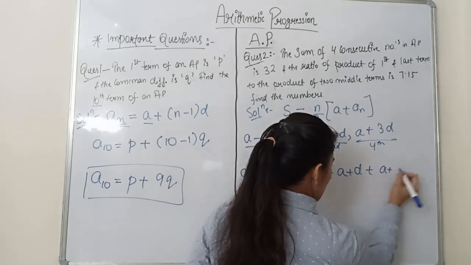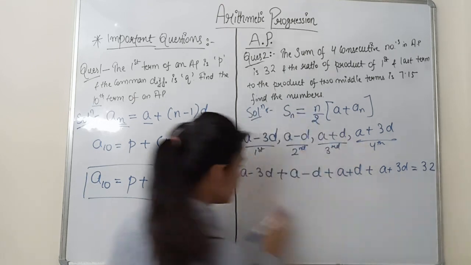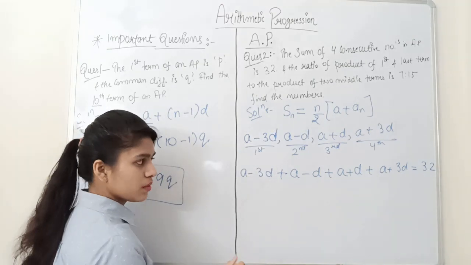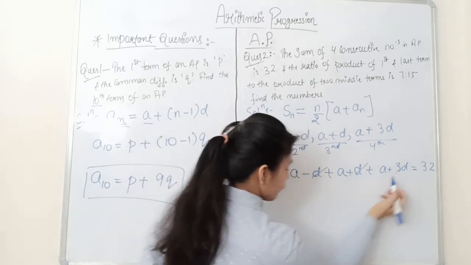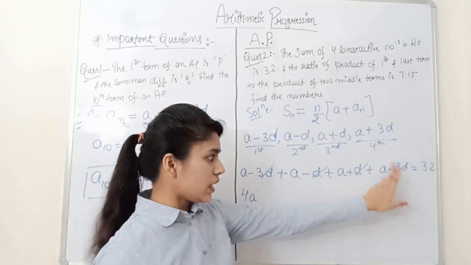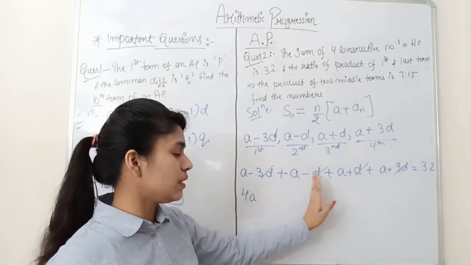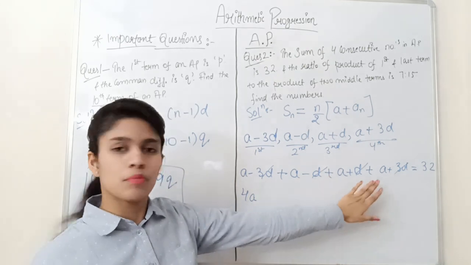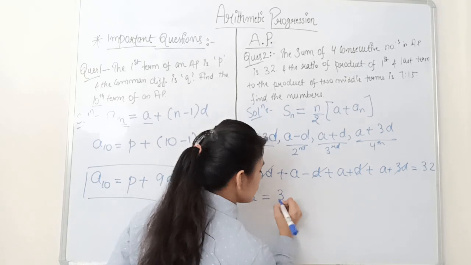The sum is 32. The sum of these four terms will be 4a, because the d parts cancel out: minus 3d plus d minus d plus 3d cancel out. So 4a equals 32.